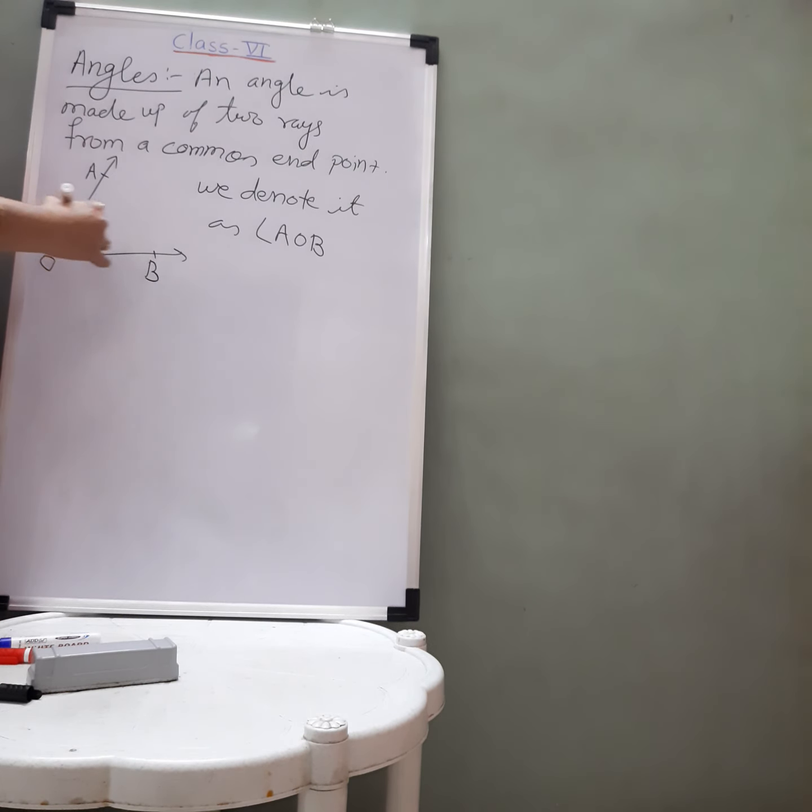And ray OA and ray OB are called arms of the angle, and this point O is called the vertex of the angle, and we read this as angle AOB. I think all are clear.